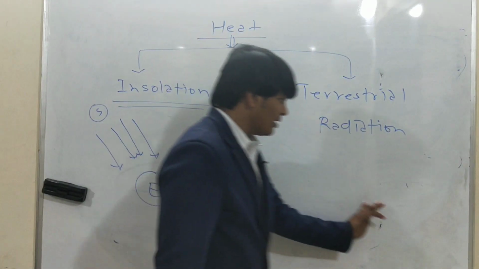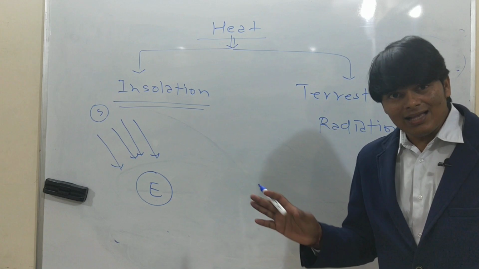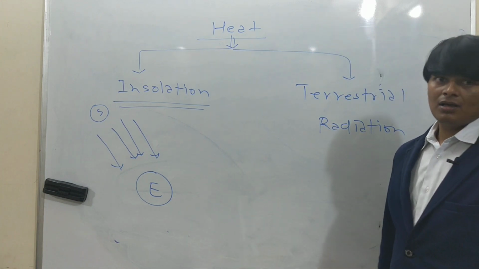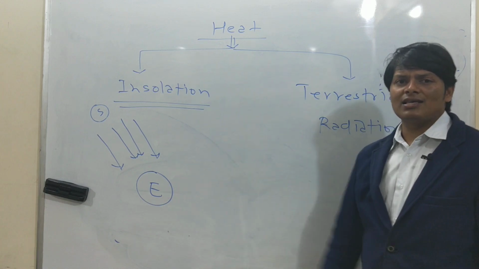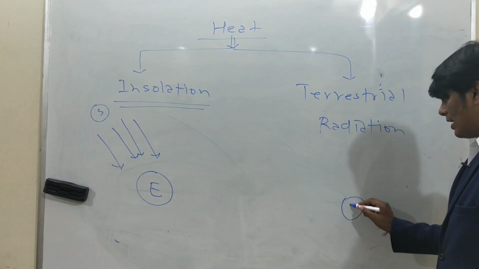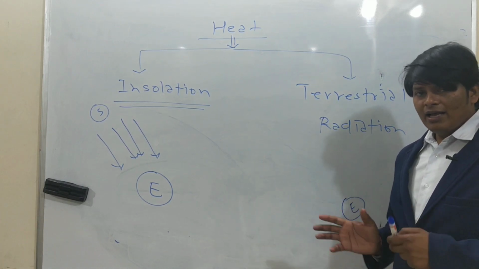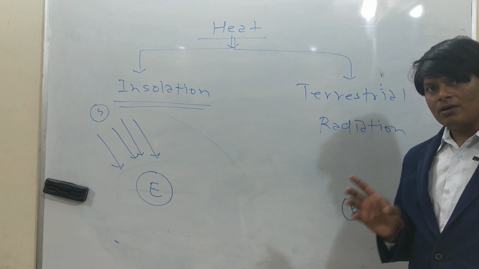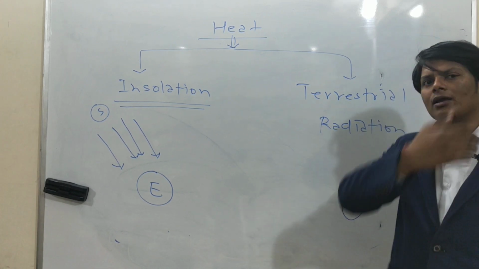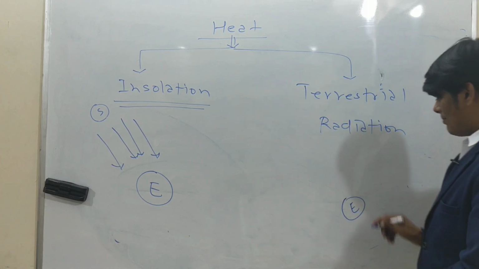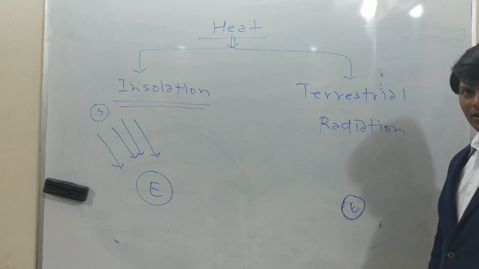And the second thing, by absorbing this radiation, the temperature of the earth also increases. The things which absorb heat are called black bodies. So earth can be said to be a black body.